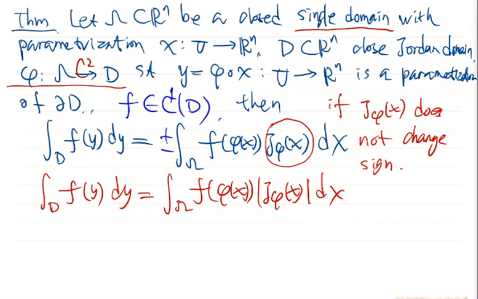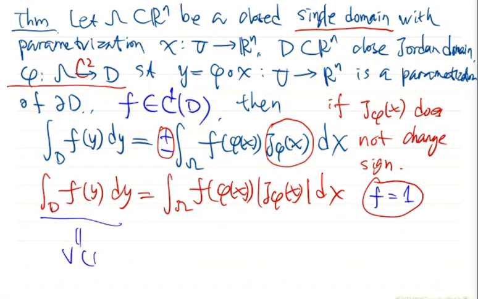You simply take f to be the constant function, because as I said, the sign does not depend on the function f. So you take f to be the constant function 1. Then the integral will be the volume of D, that is positive. So the positive or negative sign must also make the integral on the right hand side positive.